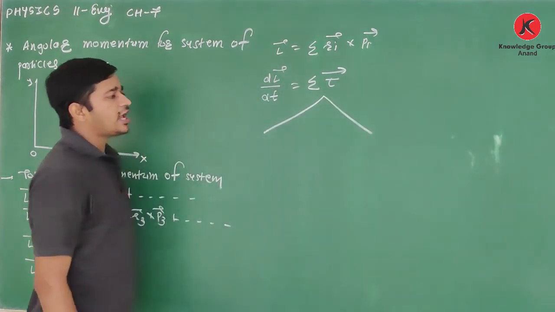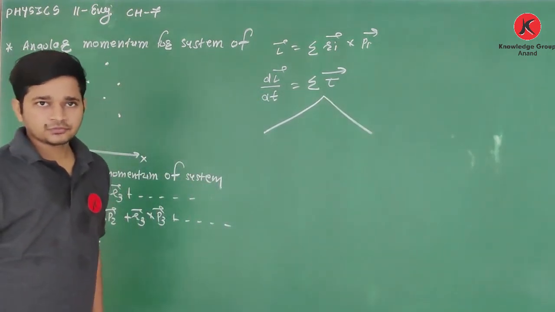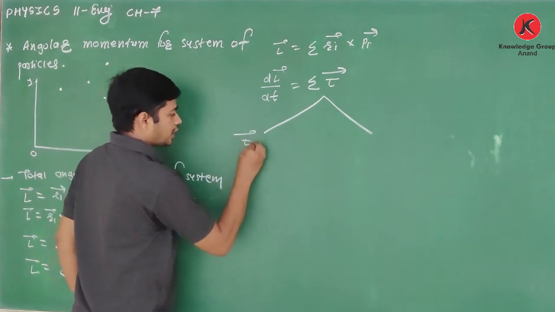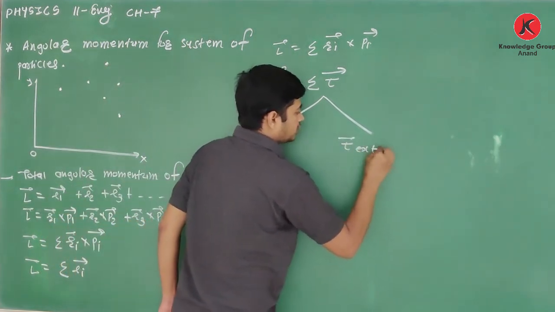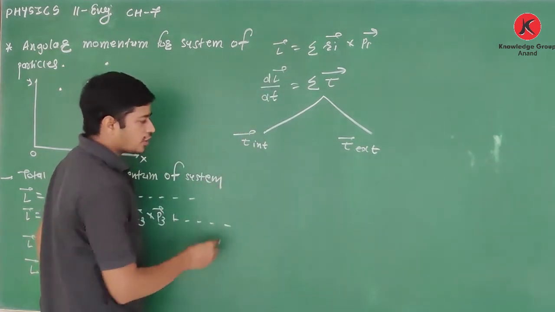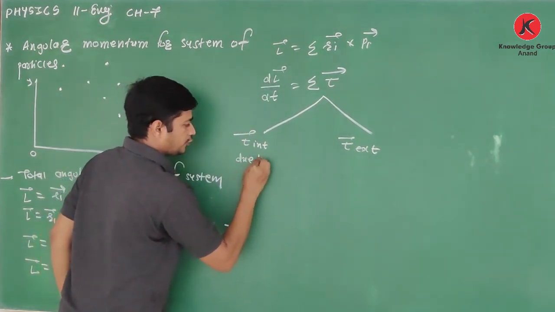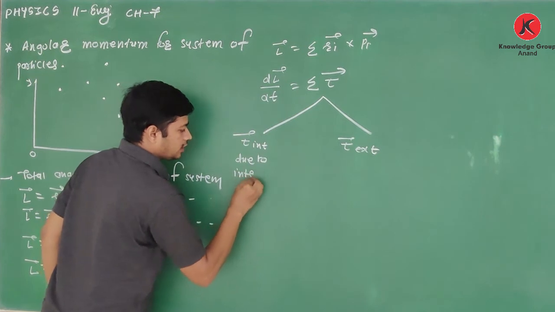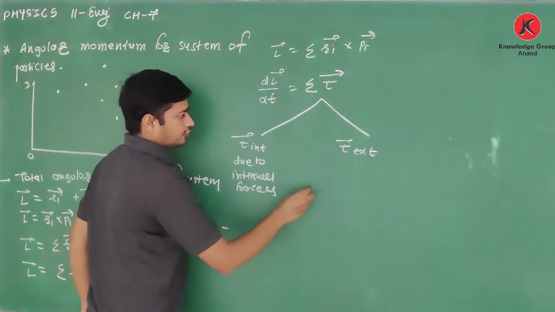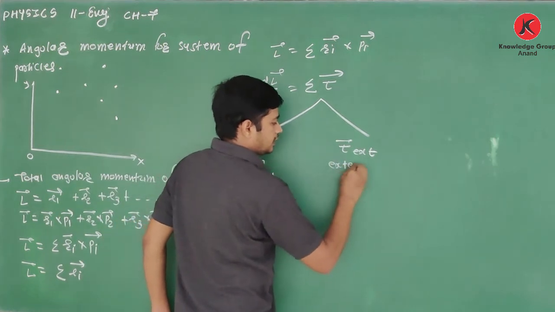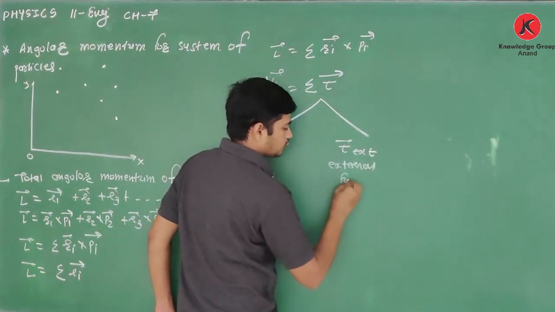Sigma tau is the addition of two taus, that is tau internal and tau external. Tau internal is produced due to internal forces, and tau external is due to external forces.